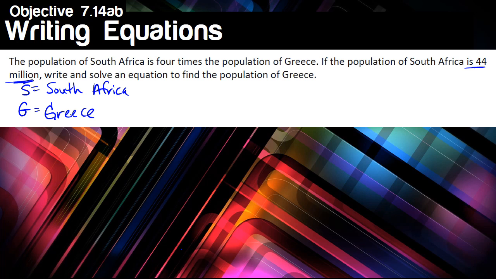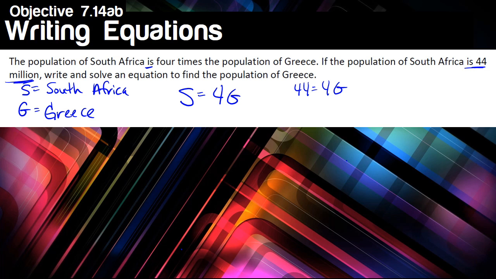The population of South Africa, we're given some information, is 44 million. And the population of South Africa, S, is going to be equal to 4 times that of Greece. So we're going to label that as 4G. We can just write the 44 million as 44. We're not going to write out all those zeros. Our label is going to be million. So 44 is equal to 4G.